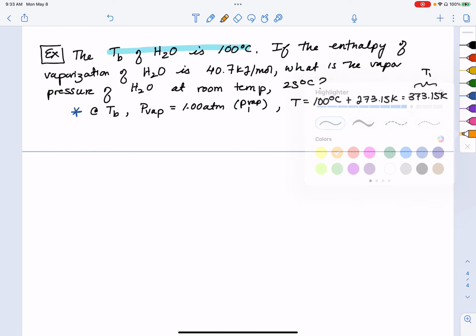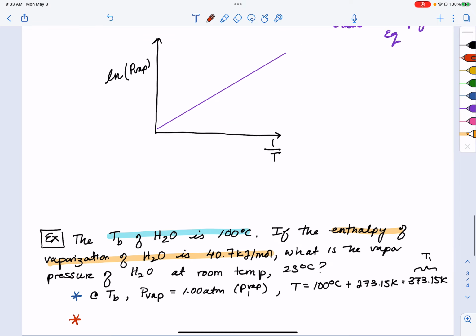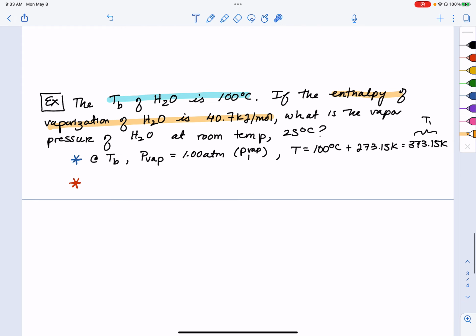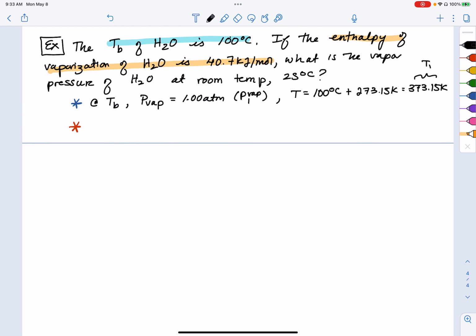Okay, what else is given? The enthalpy of vaporization of water is 40.7 kilojoules per mole. I know that's important because my Clausius-Clapeyron equation depends on the enthalpy of vaporization. So I can write this as the enthalpy of vaporization of water is 40.7 kilojoules per mole.